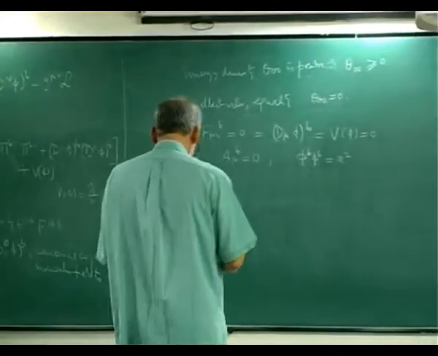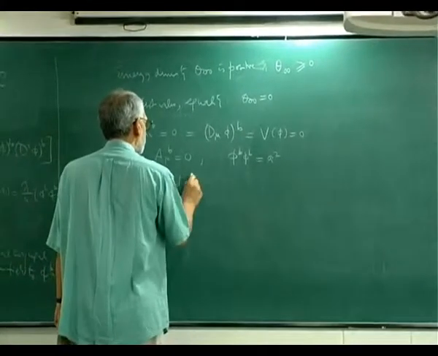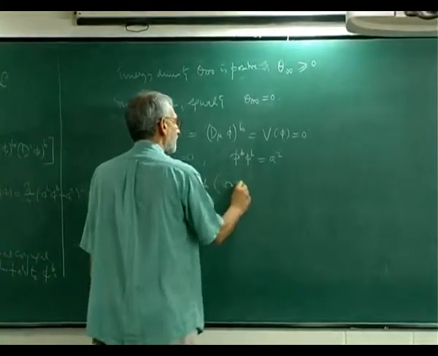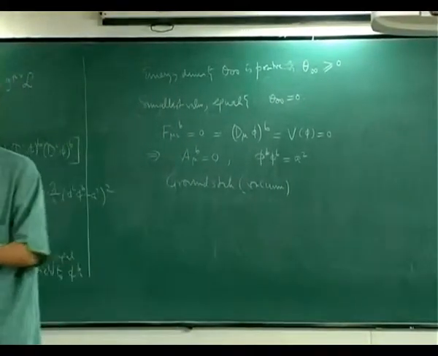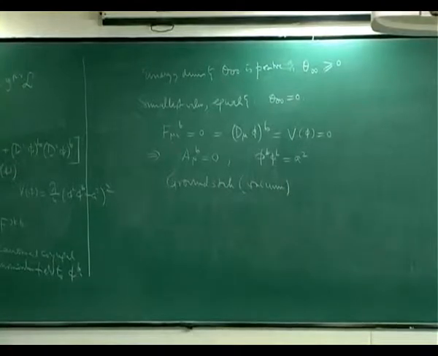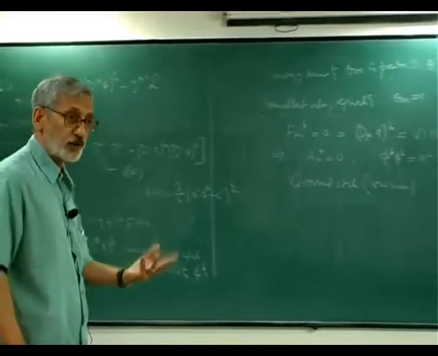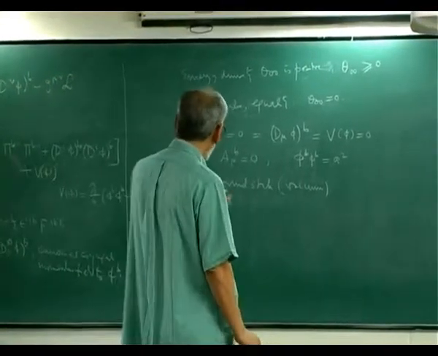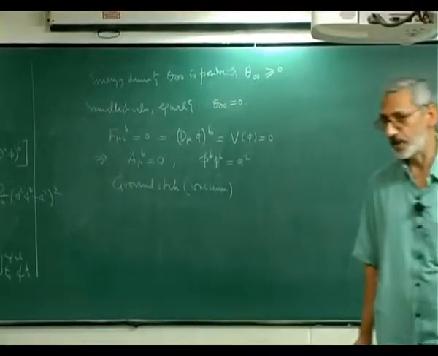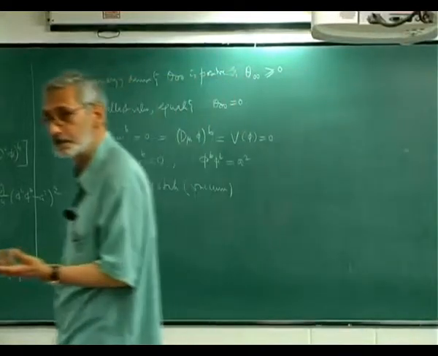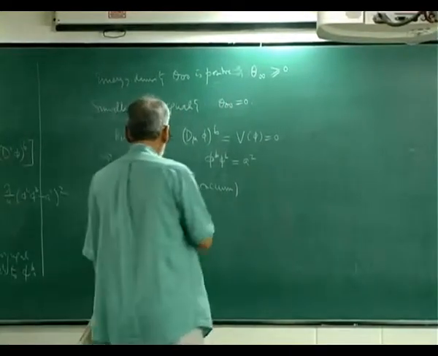So this defines the ground state or vacuum. See, vacuum is a quantum mechanical concept. Ground state is a classical concept. But somehow we'll use them interchangeably even when we're discussing classical mechanics. But the corresponding statement would be that there is a corresponding quantum state for this configuration, which would be called the vacuum in the quantum theory. So this is the ground state or configuration.